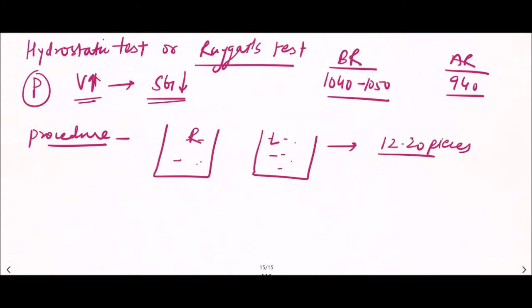If they are floating, then placed in the water, a small piece of liver may serve as a control. But if the liver floats, the test is of no value because it shows that there is some putrefaction.